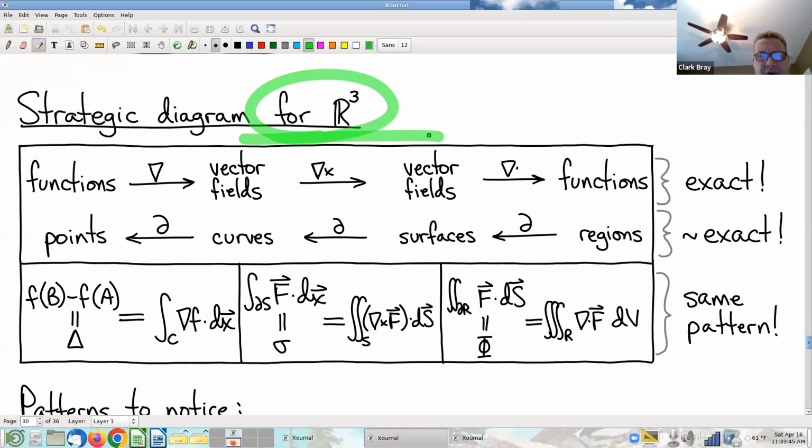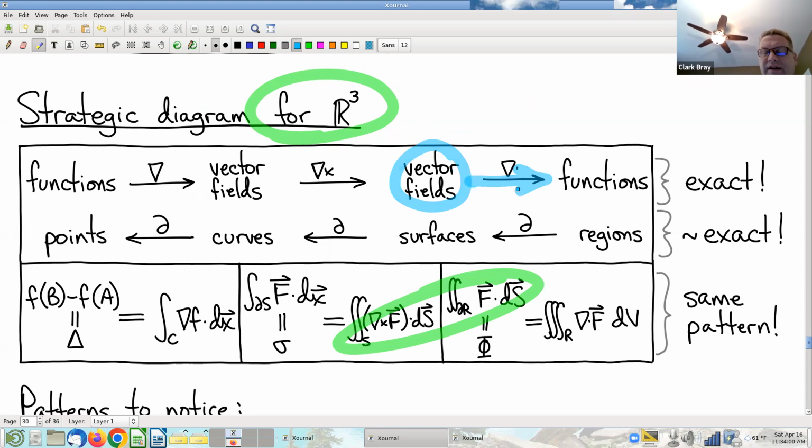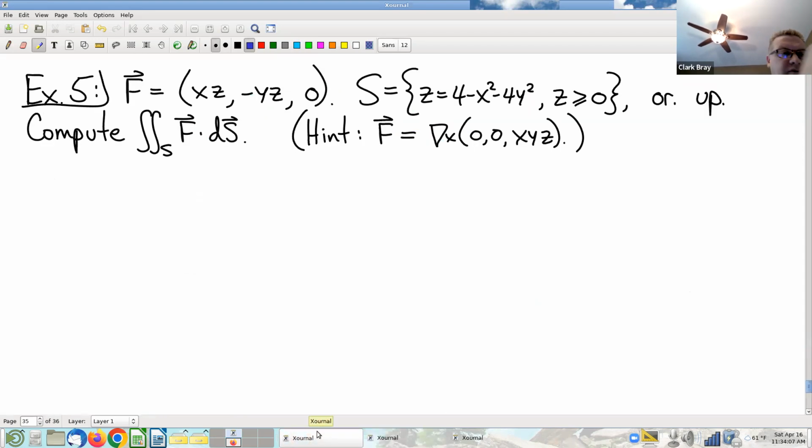We've been asked to compute a flux. When you've been asked to compute a flux, the diagram suggests I should compute the divergence of that vector field. So let's do it.